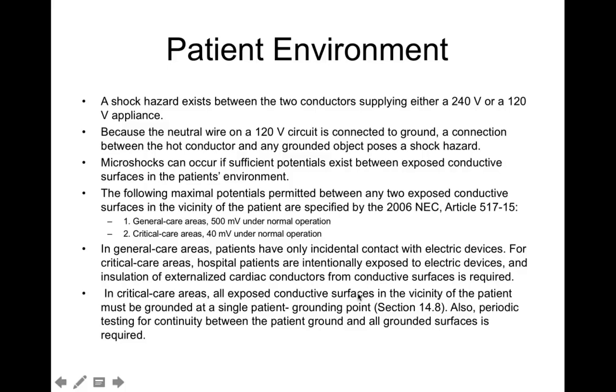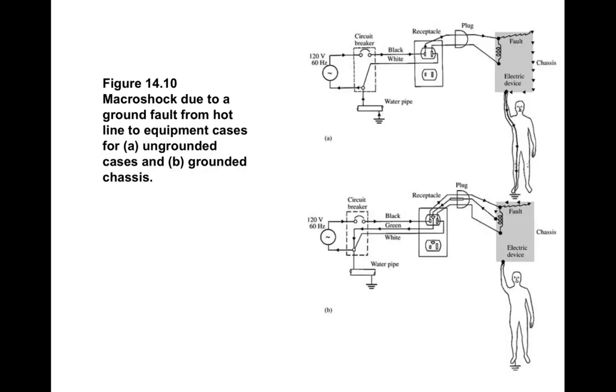Also, it is required to have periodic testing for continuity between the patient ground and all grounded surfaces. So you can have things that happen like ground planes or ground wires get disrupted, corroded, somehow disconnected, and then that exposes the patient and the patient's treatment area to potential shock.